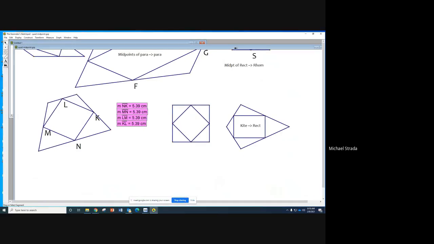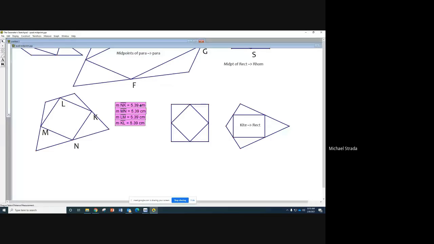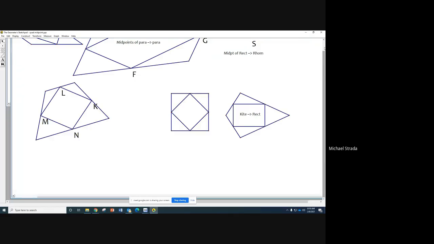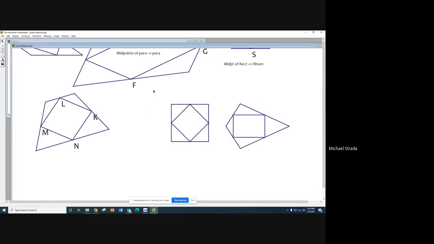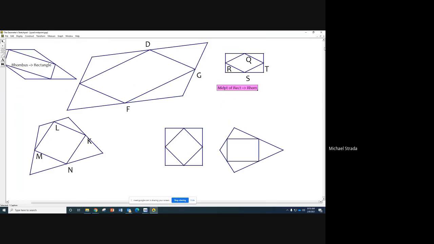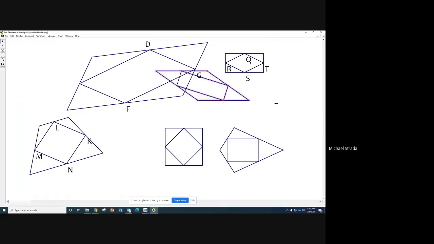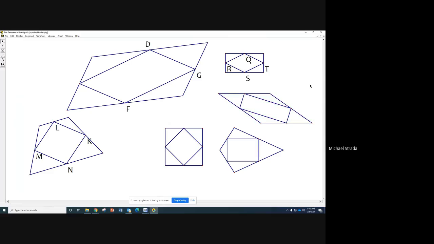All right. So let me get rid of some stuff. Get rid of this, get rid of that. Like this, move this over here so it's easier to see.